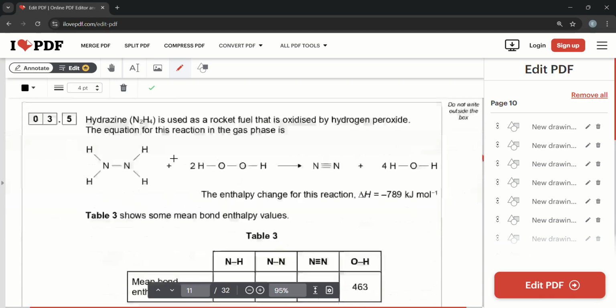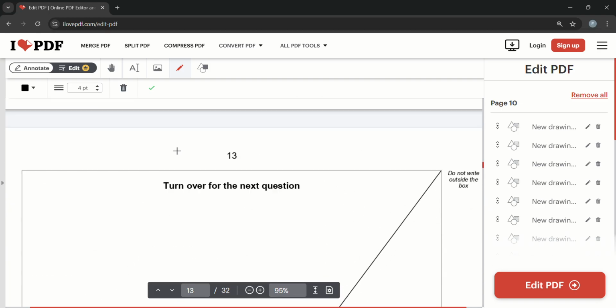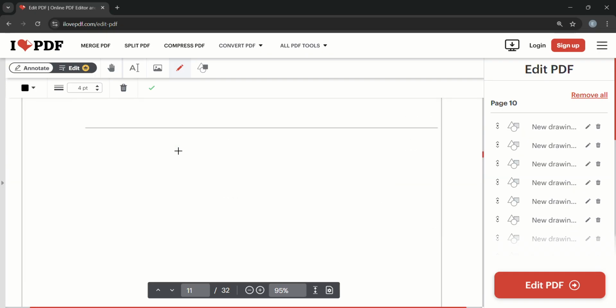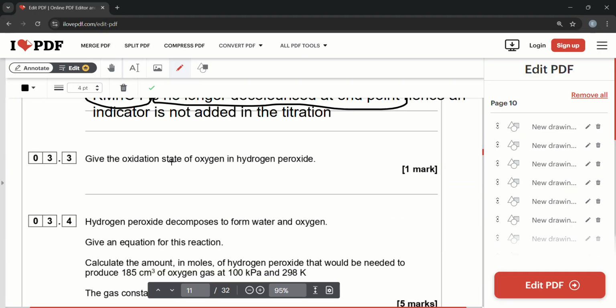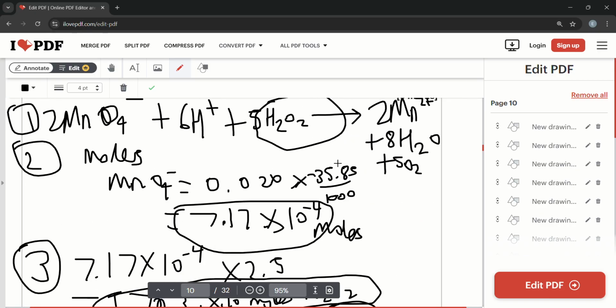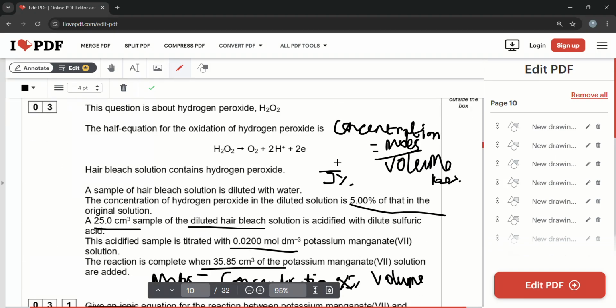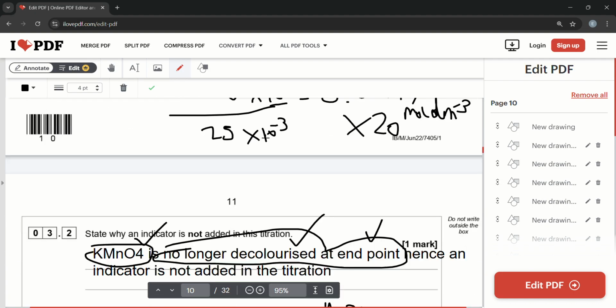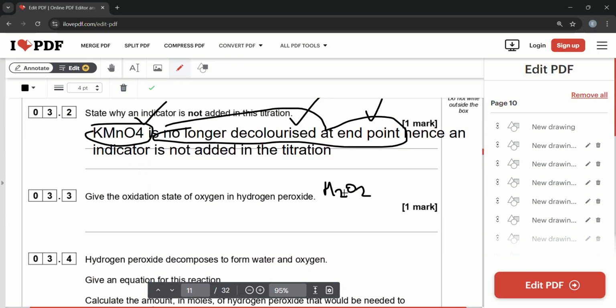3.3 says give the oxidation state of oxygen in hydrogen peroxide. Well, hydrogen peroxide, H2O2. Let's double check that. Yeah, H2O2. Hydrogen is going to have a +1, so two hydrogens is +2.